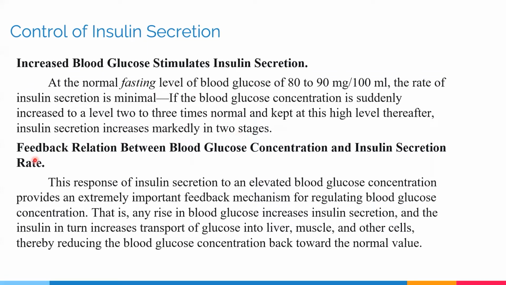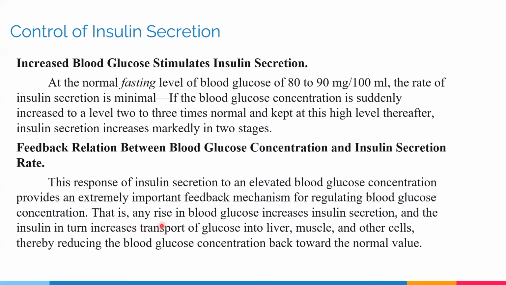Next, let us look into the feedback relation between blood glucose concentration and insulin secretion rate. This response of insulin secretion to an elevated blood glucose concentration provides an extremely important feedback mechanism for regulating blood glucose concentration.